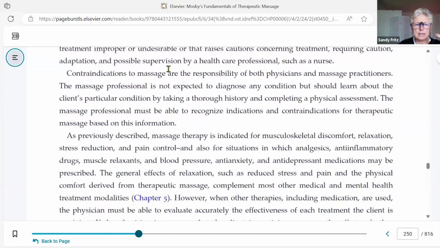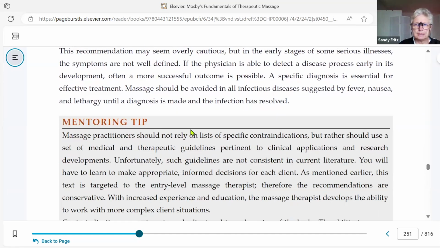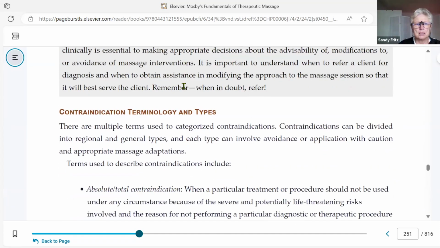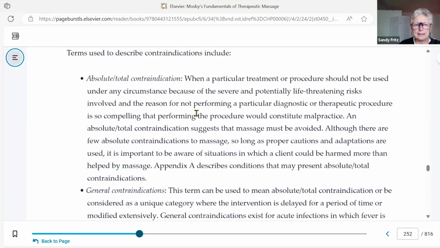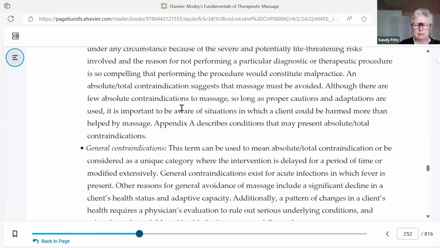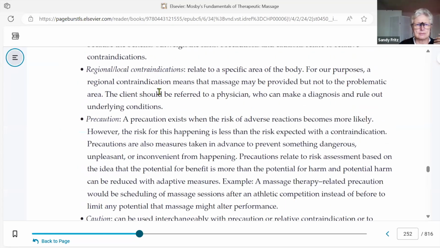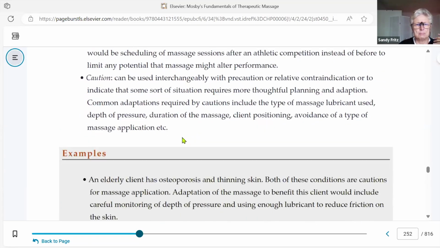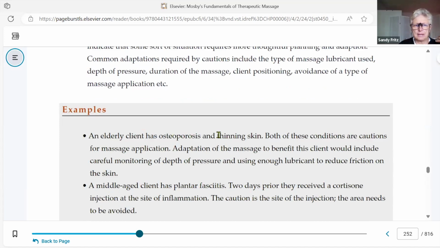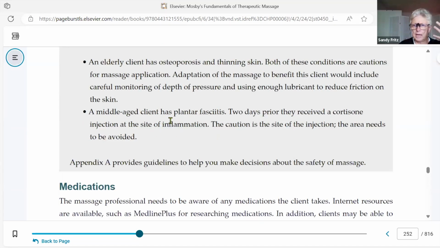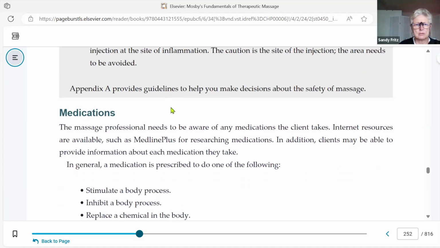So again, here we get into a lot of detail. We have got our contraindication terminology. I already mentioned this when I showed you the appendix. There's examples here for you to take a look at in understanding the thought process.